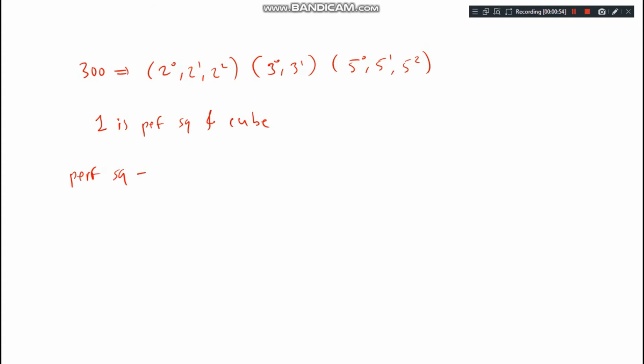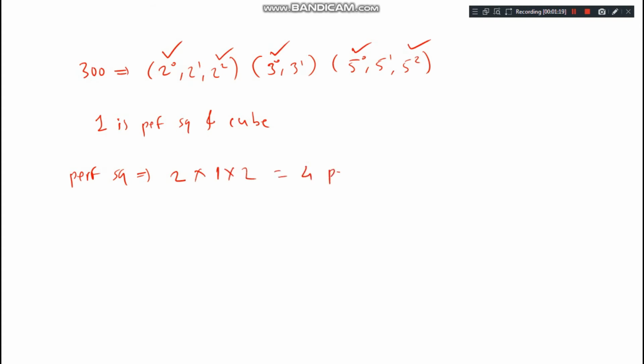So in the first bracket, how many perfect squares do you have? This is the first perfect square, this is the second perfect square. In the second bracket there is one perfect square, and in the third bracket there are two perfect squares, right? Which means in total we have two from the first, one from the second, and two from the third. That gives me 4.